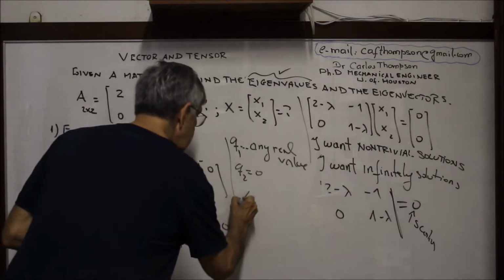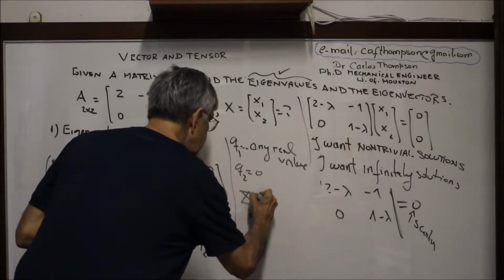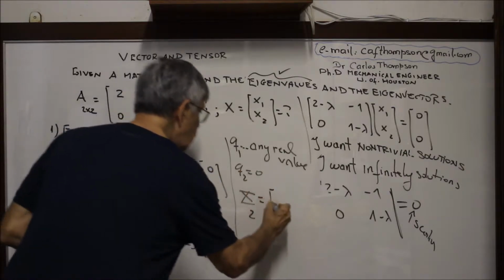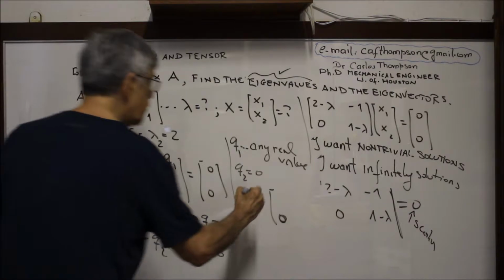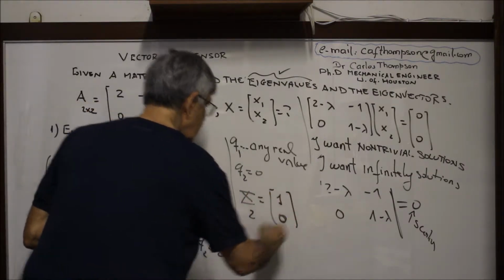So my eigenvector x2, q2 has to be 0, and q1 can be any real value, so let's put 1.